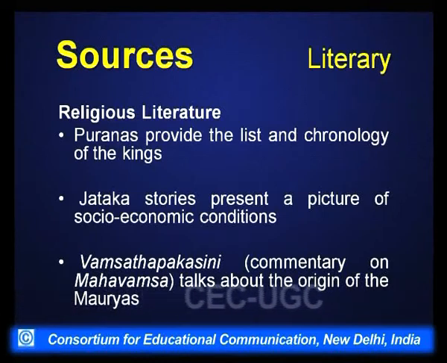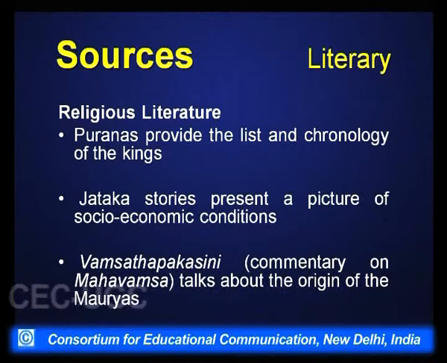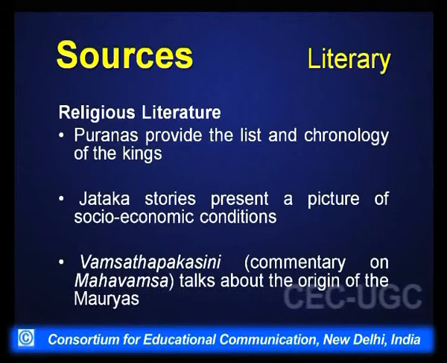Then we have a Buddhist text which is basically a commentary on another Buddhist text called Mahavansa. This commentary is called Vansatthappakasini, and this text talks about the origin of the Mauryas.